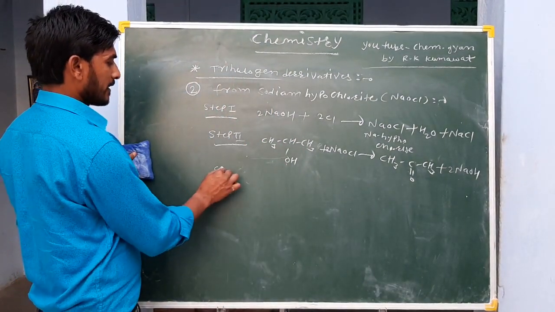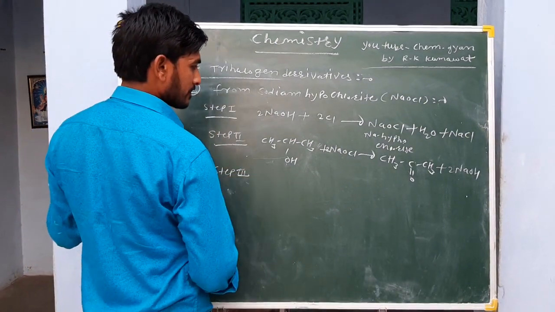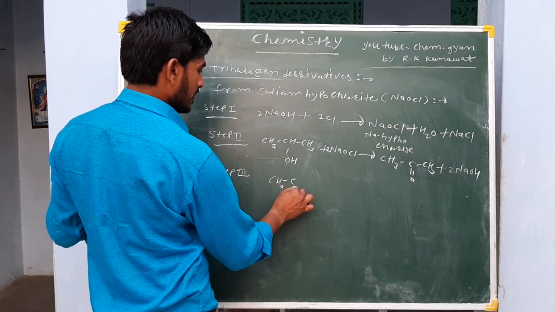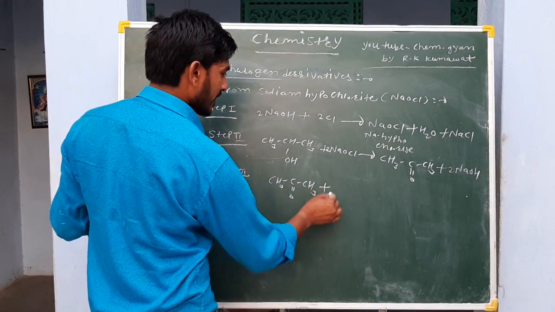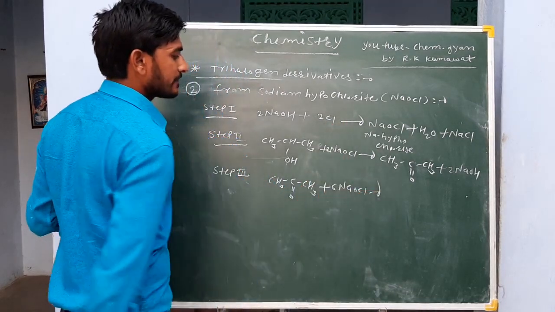In step number third, the CH3COCH3 acetone molecule reacts with 6 NaOCl, sodium hypochlorite molecules.